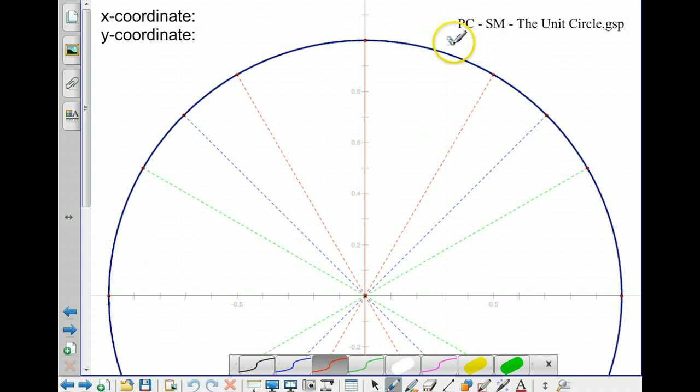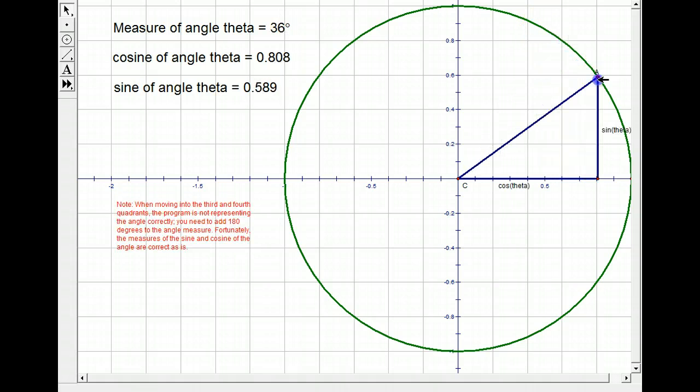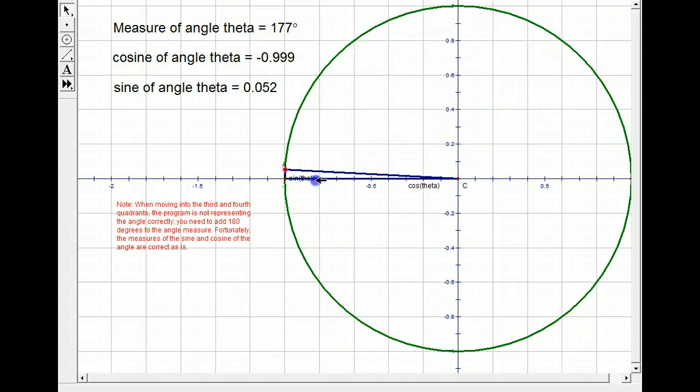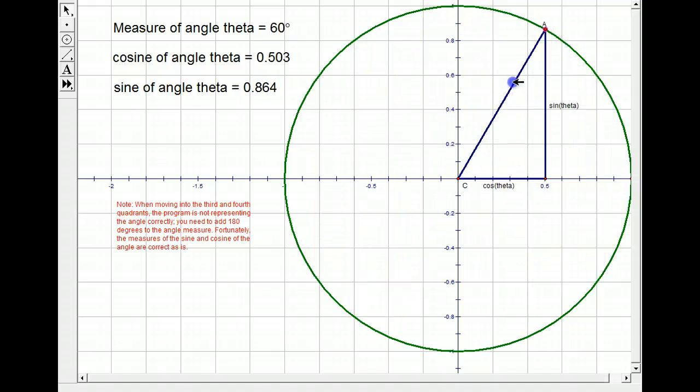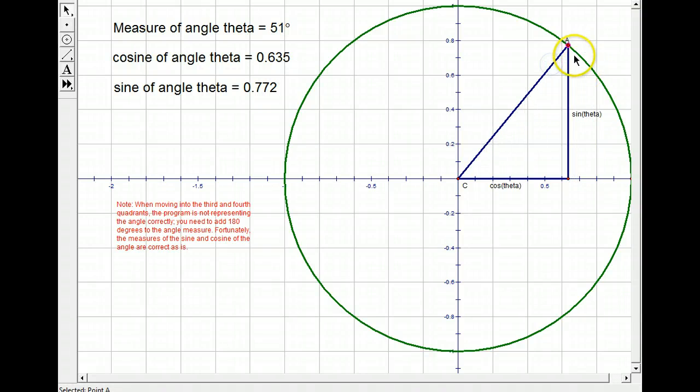So going back to the unit circle and what it looks like. Any point on the unit circle has an x-coordinate and a y-coordinate. The y-coordinate is always going to be defined by sine of the angle.